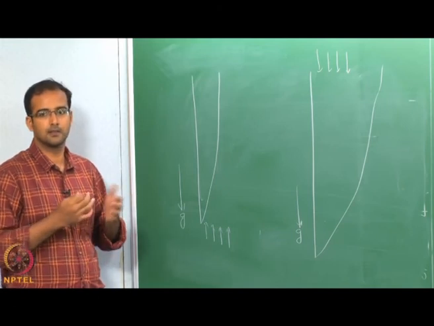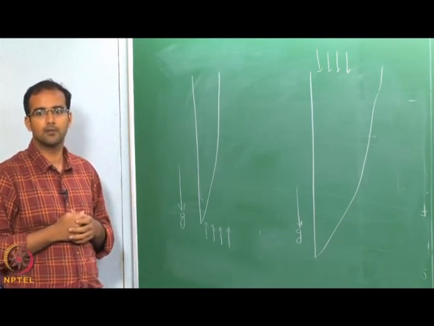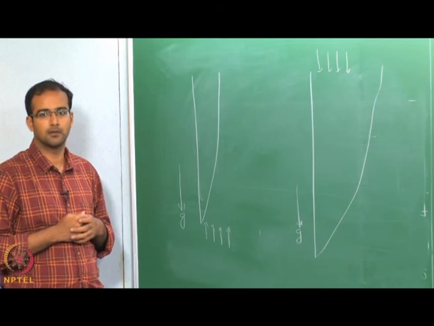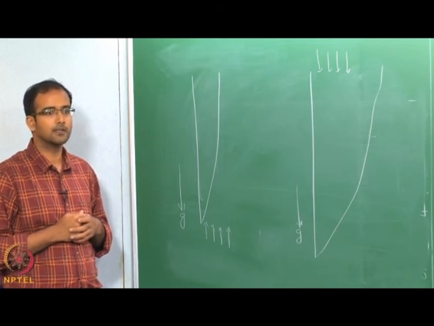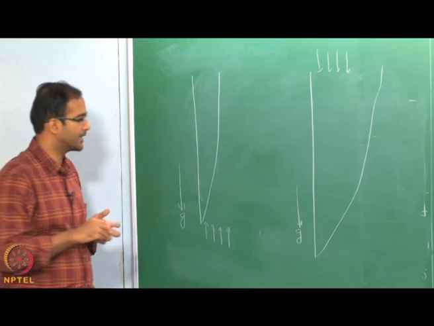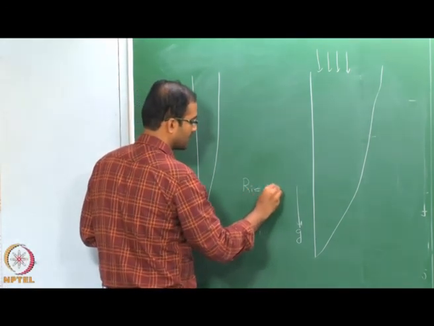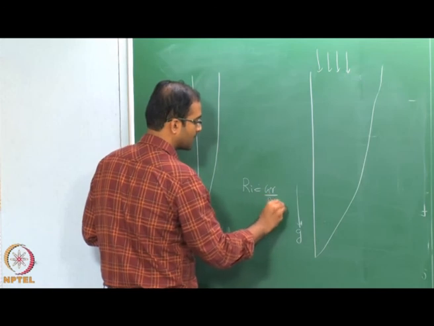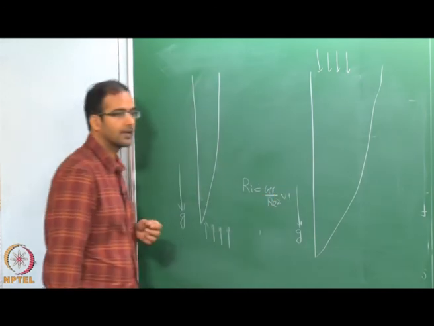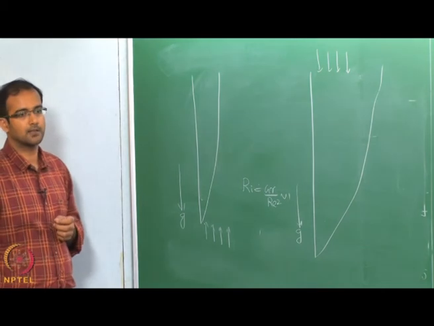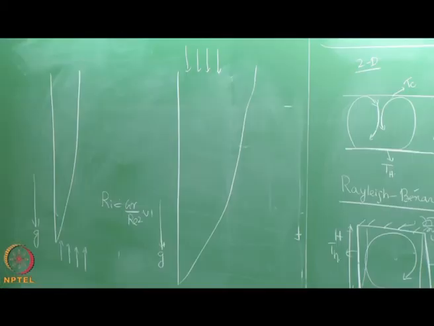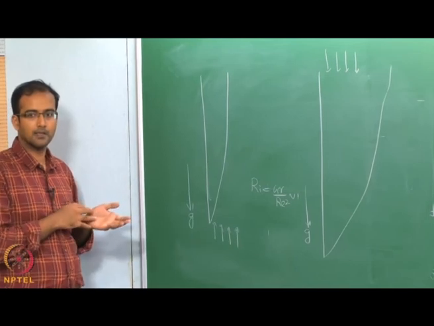So which similarity variable can we use to describe this problem? Therefore, if you look at the cases where the Richardson number, that is Grashof by Re square, is of the order of 1, we cannot find any similarity solutions because both of them are very dominant.